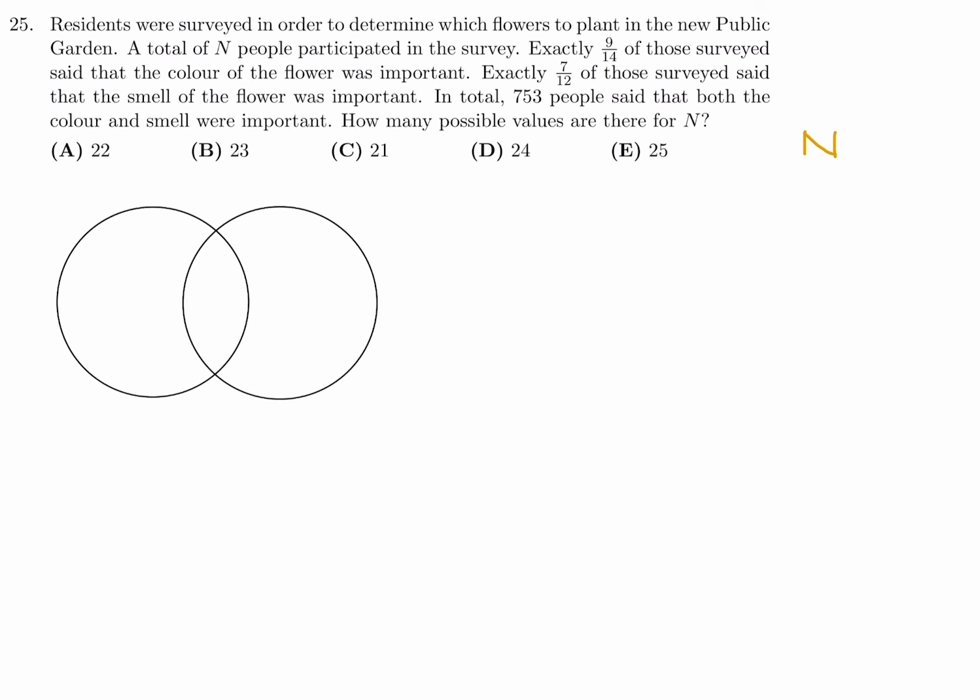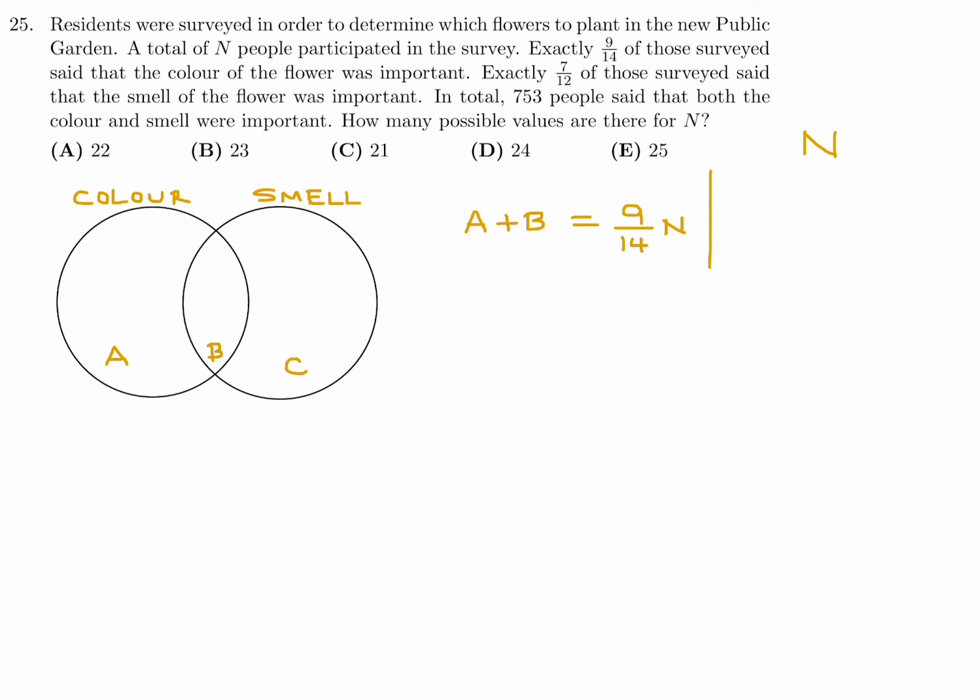And I will call these sections A, B, and C. This circle represents the people who felt that the color was important. And this circle represents the people who felt the smell of the flower was important. So now we are told a few things. That A plus B, which is all the people in the color circle, represent 9 over 14 of N.